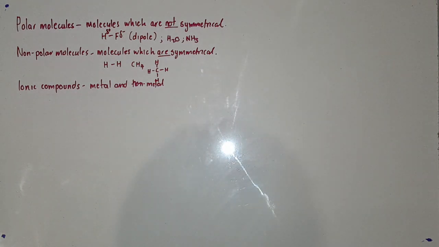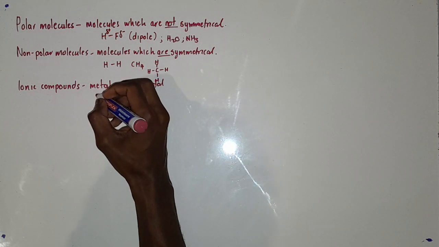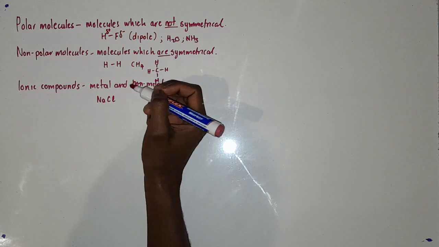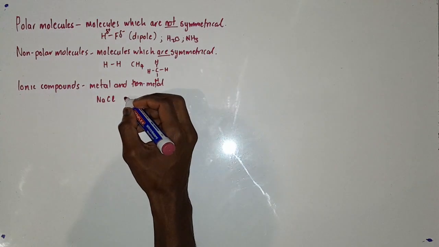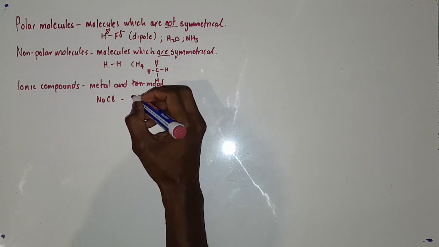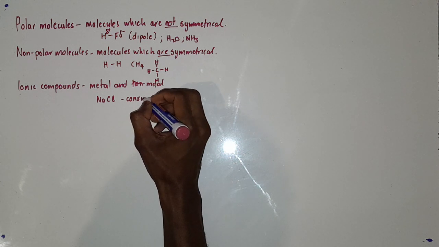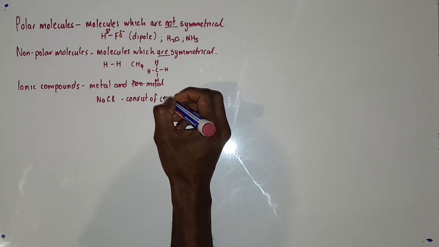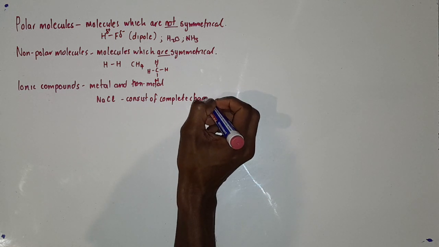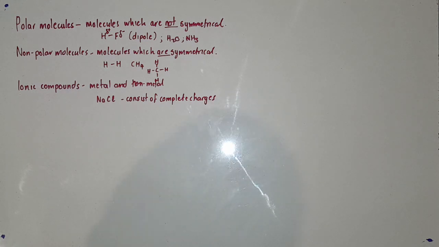This one has to do with the transfer of electrons between metal and non-metal. An example that I can give is sodium chloride, where sodium is a metal and chlorine is a non-metal. These ones consist of complete charges.